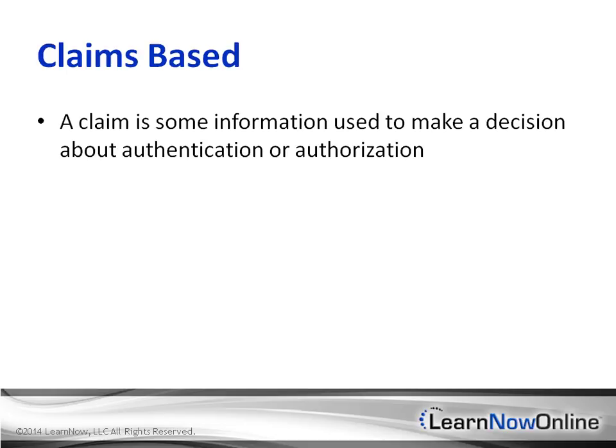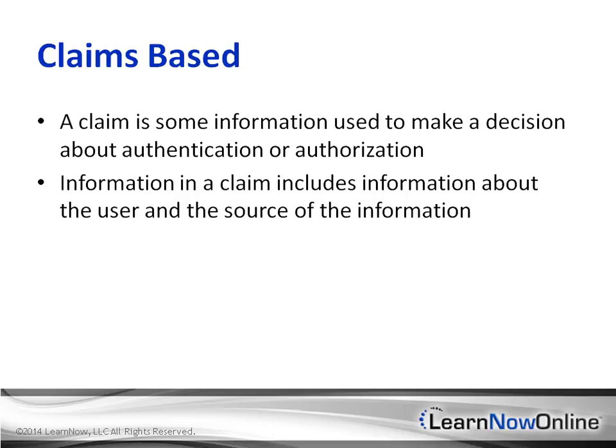But now, in a claims-based system, essentially, when a user logs in, information is provided by a claim that allows the application to make some type of decision concerning authentication or authorization. The information that's in a claim includes information about the user as well as the source of the information.